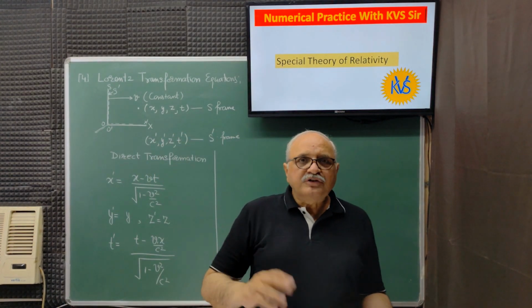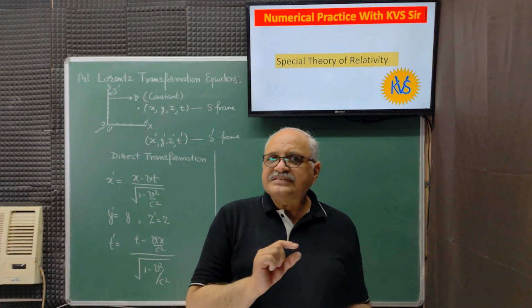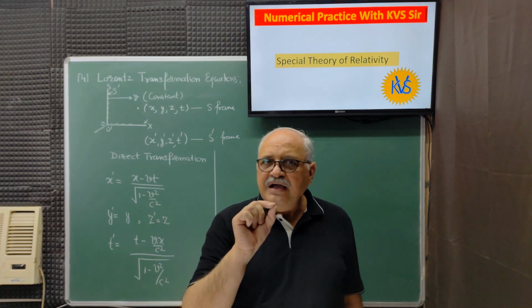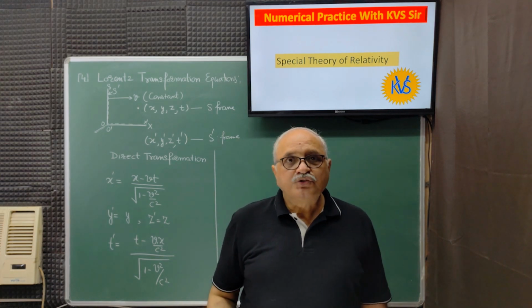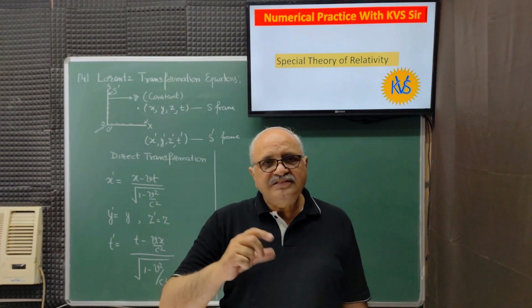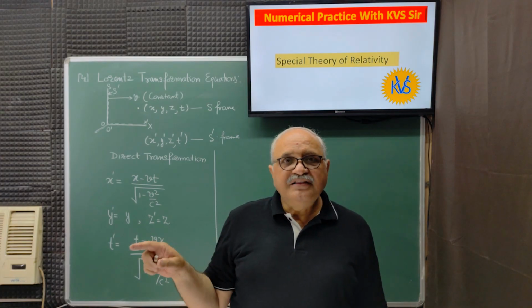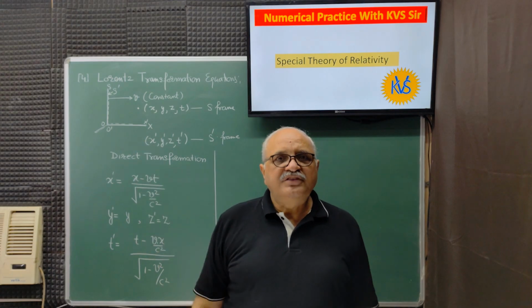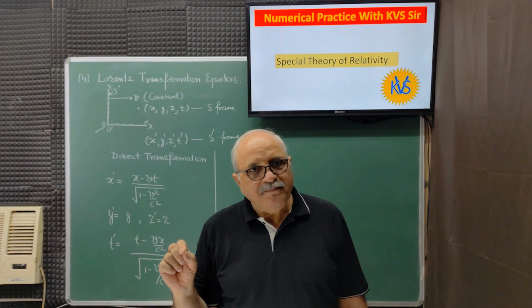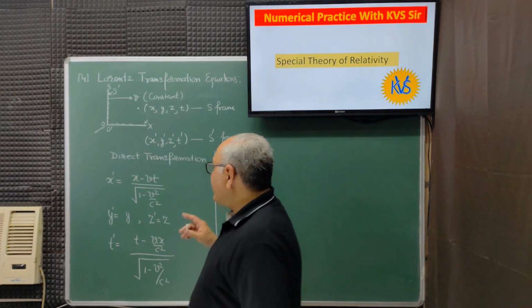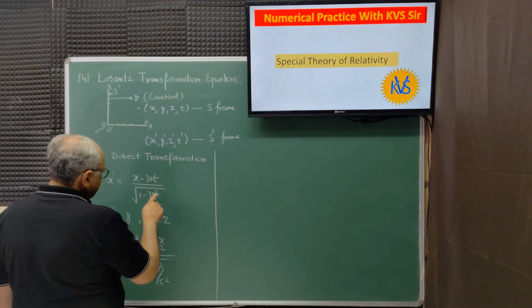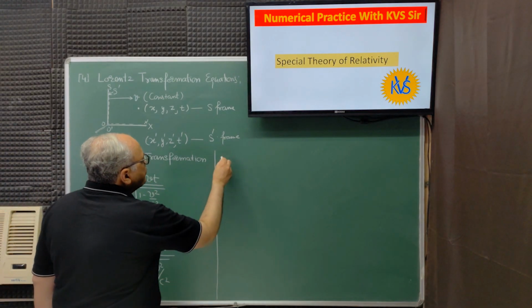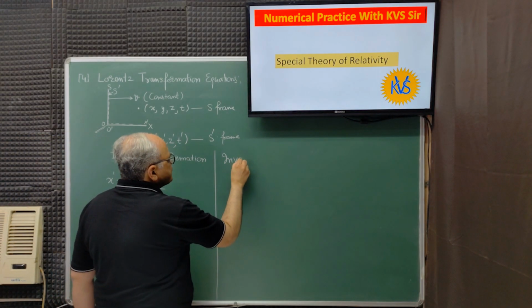If we do the reverse, it means that now my observer is in the S dash frame. So obviously, if I am in the S dash frame, I will find that S is no more at rest, but going in the opposite direction with the velocity minus v, right?